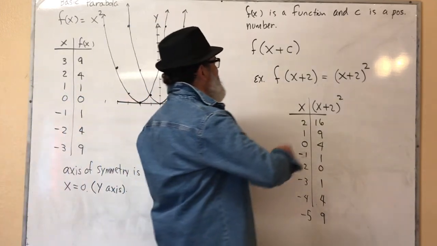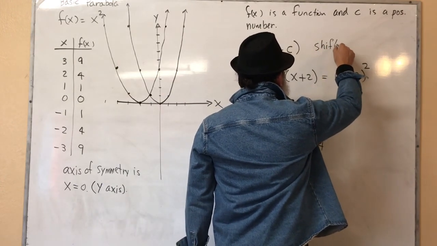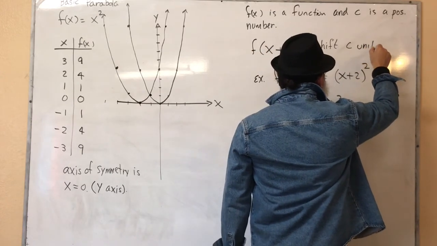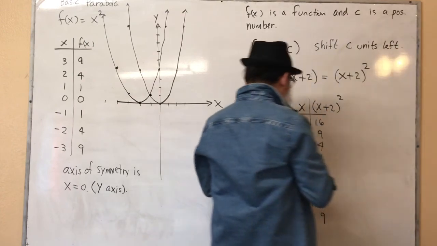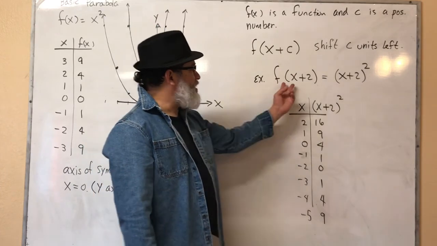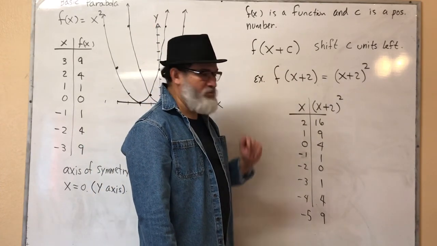So this is a shift c units left. And here's the example. Example here is the argument plus 2.